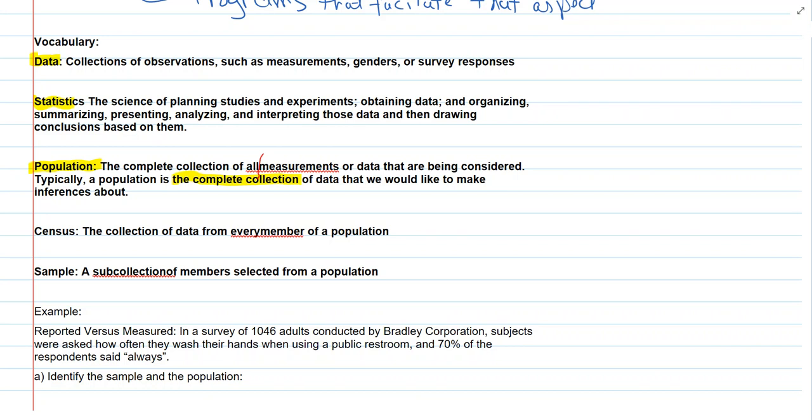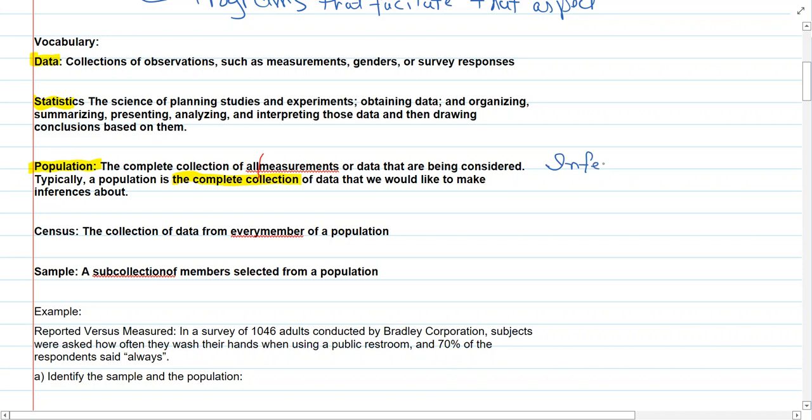Here's the introduction of the word inference. It's not a conclusion per se, it is a determination of trend.